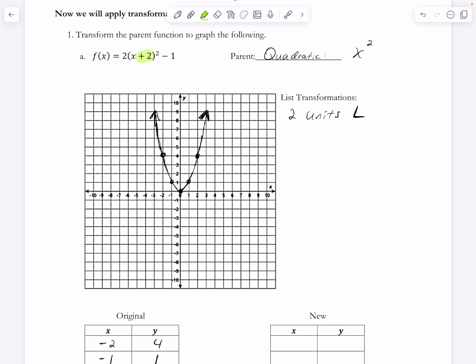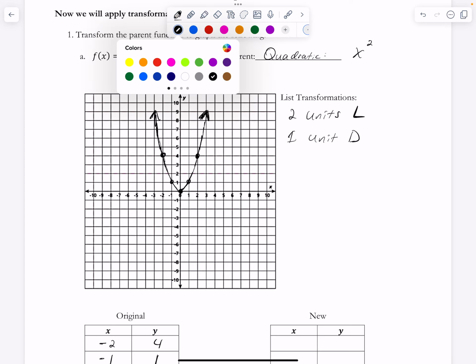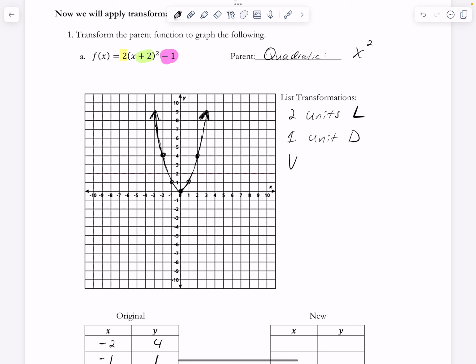Then we have the outside the parentheses -1, so that's going to be 1 unit down. And finally, this last one in the very front, this 2, is going to be a vertical stretch by a factor of 2.